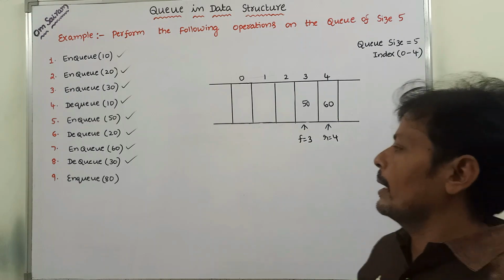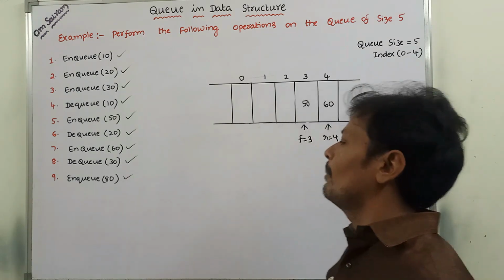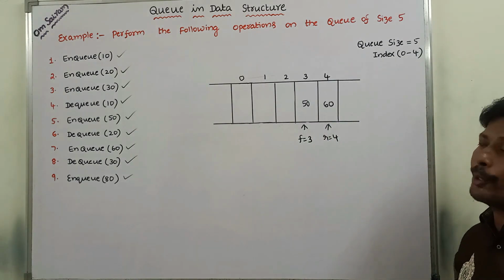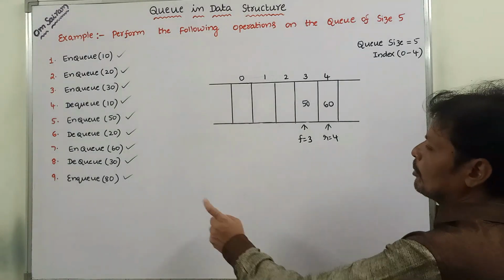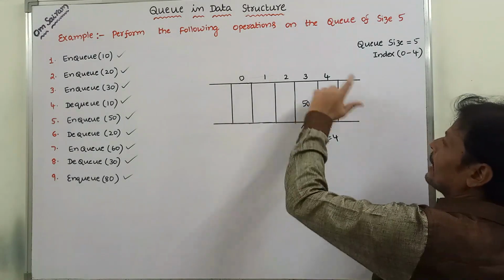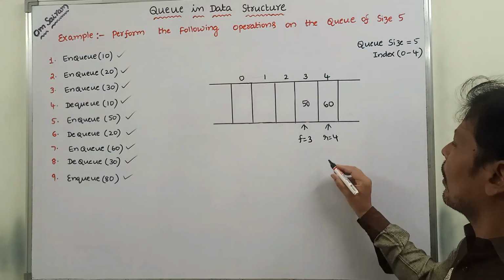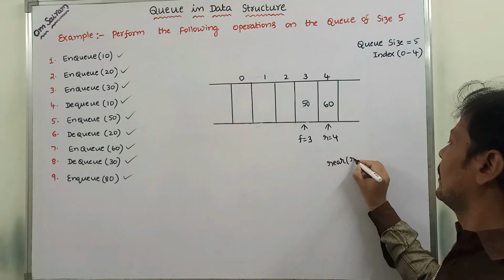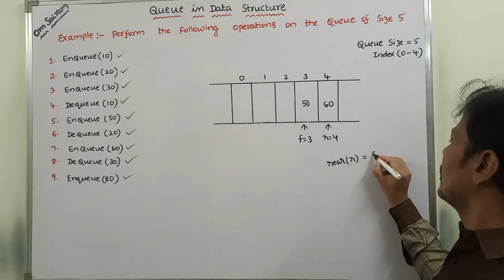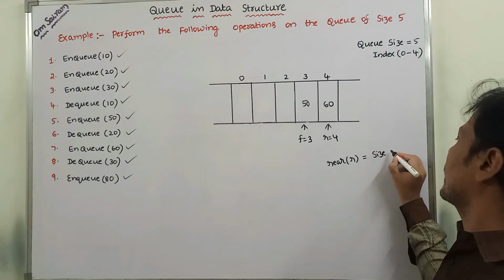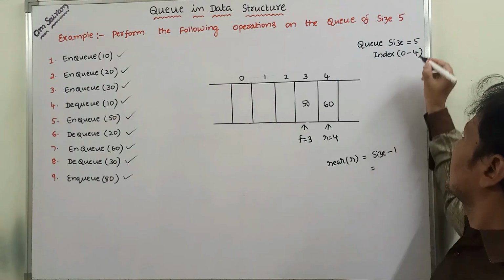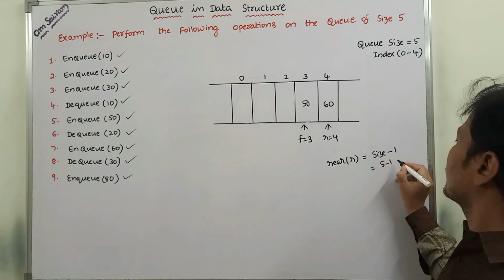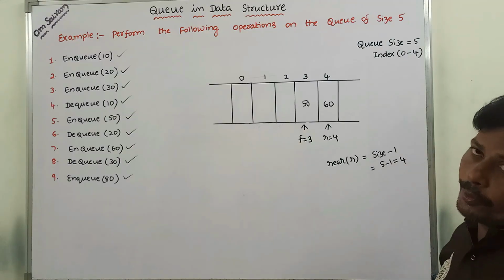Next, we are inserting element 80 into the queue. So it is not possible to insert 80 into the queue because the rear pointer is pointing to size -1. Size -1 is nothing but size value 5 minus 1, that is equal to 4.